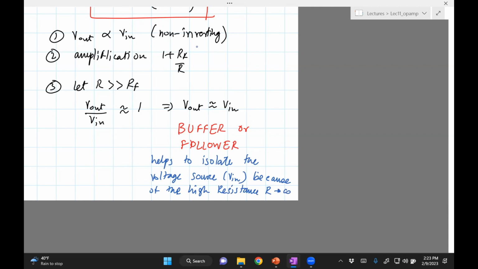R goes to infinity; here, R is much bigger than RF. Okay, so that's the second use. Let's look at some other uses of operational amplifier.